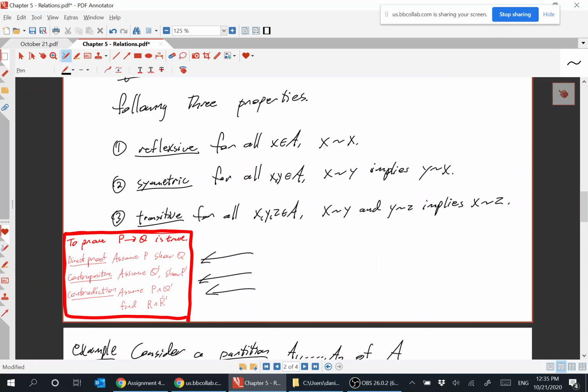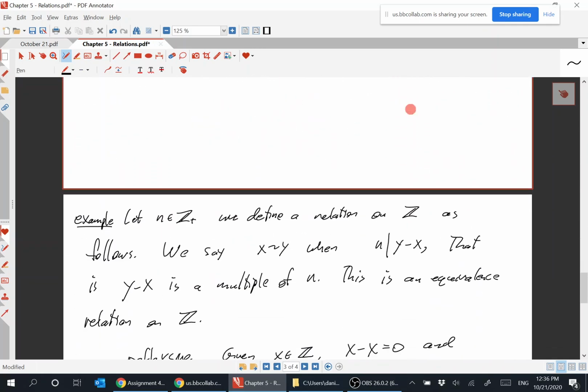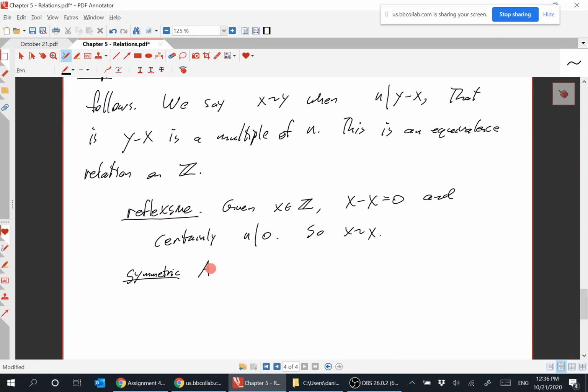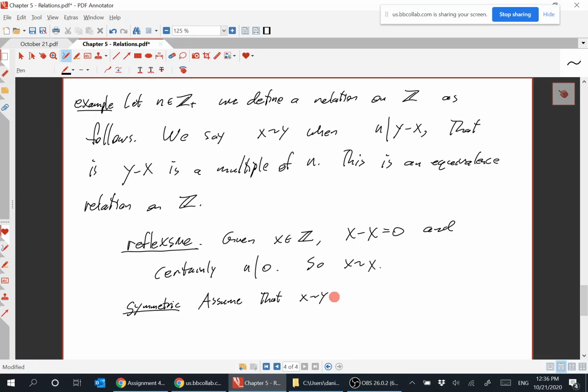So what should be the first sentence of a proof of x related to y implies y is related to x? The direct proof would be the nicest one for this, so assume P, show Q. So assume x is related to y is true, and show that that implies y related to x is true. Okay, so assume that x is related to y. This means what?